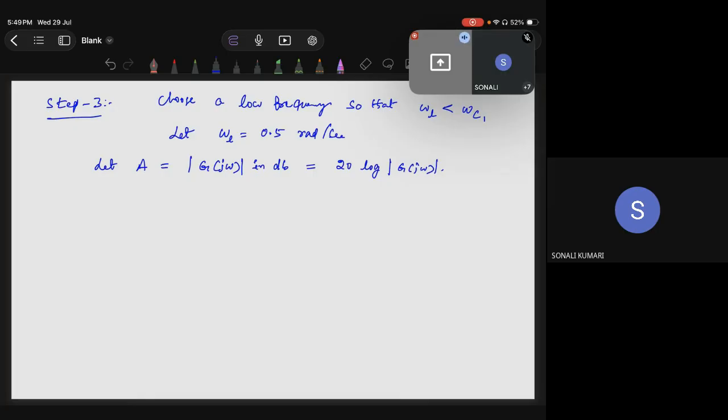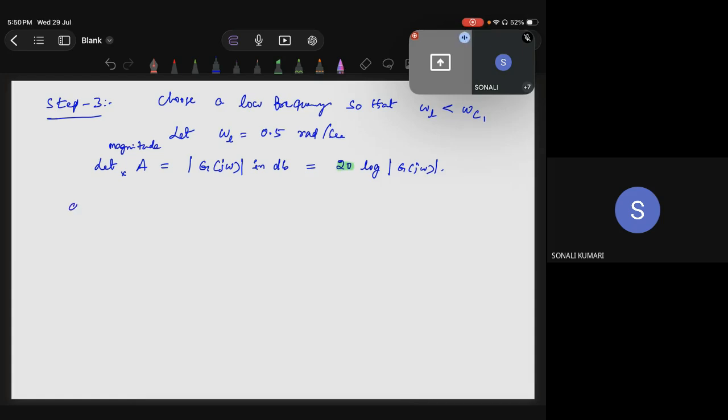Again, why this 20? That is the question which you need to see in the video. Why are we taking 20? Why are we not directly drawing the mod of the transfer function at j omega? Why are we drawing 20 log? So now this is our magnitude. Let me call this the magnitude.